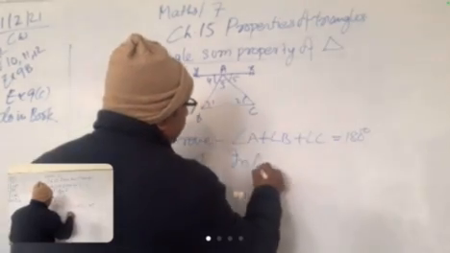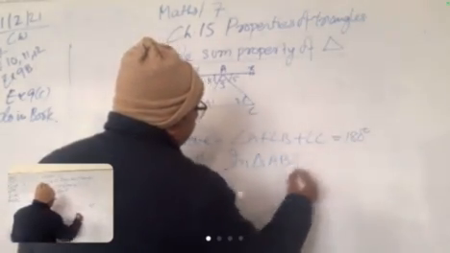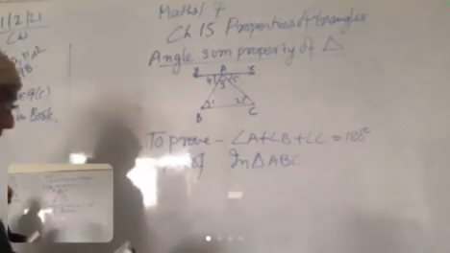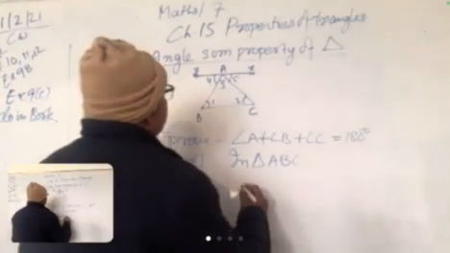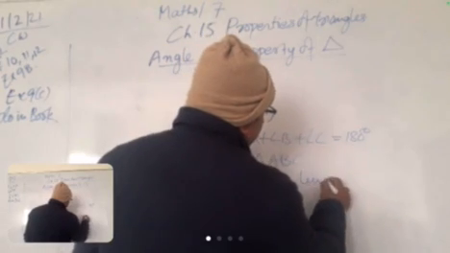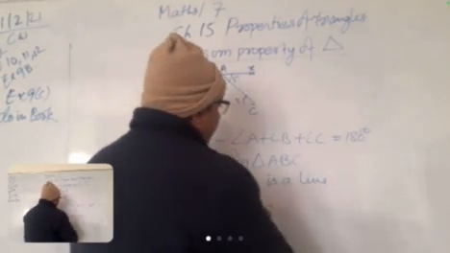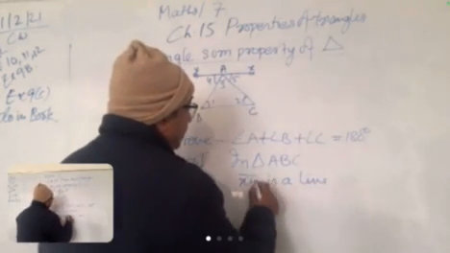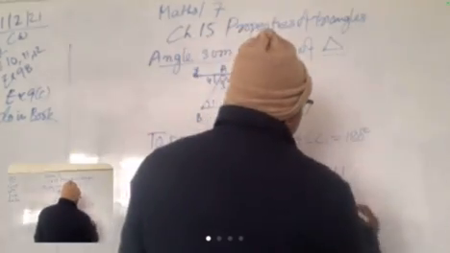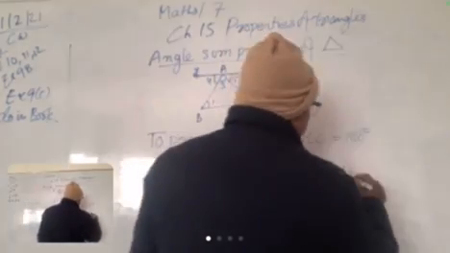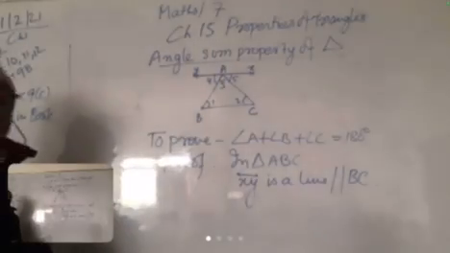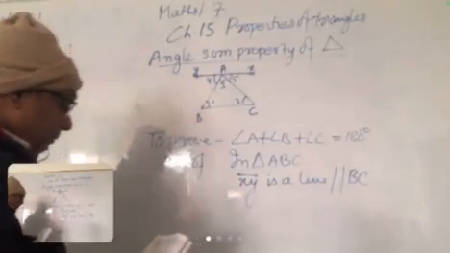In triangle ABC, XY is a line parallel to BC. Clear?